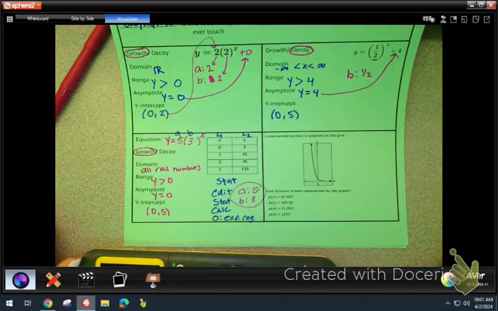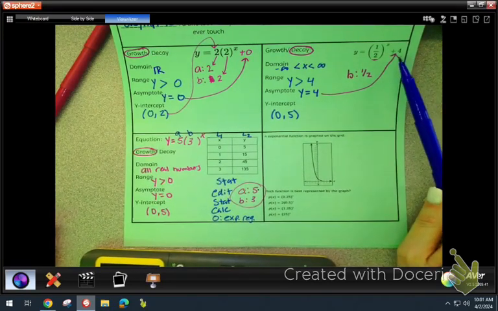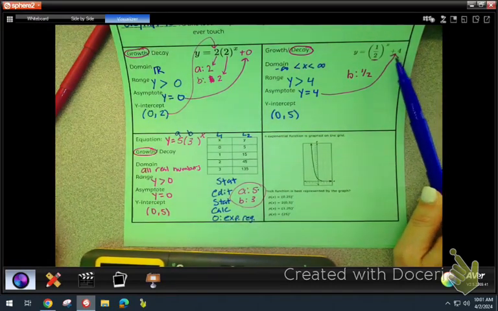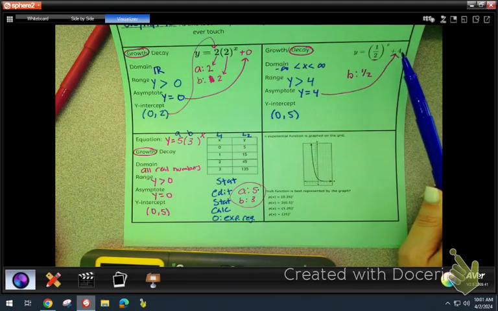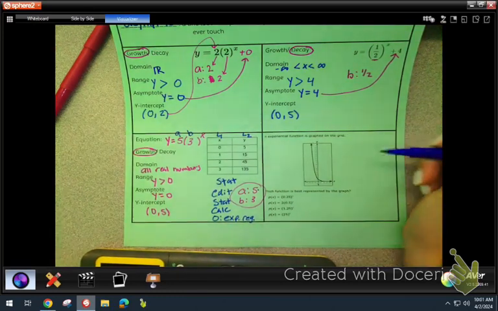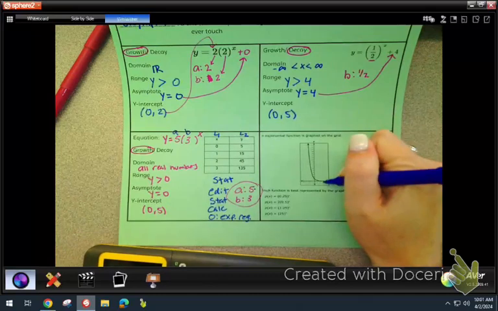As long as your asymptote is 0, your a value is your y-intercept every time. But on the second one, the asymptote is not at 0. So when it's at 0, then it's the a value. When it's not, then it might be different. Exactly. Okay, last one. This is a star question.